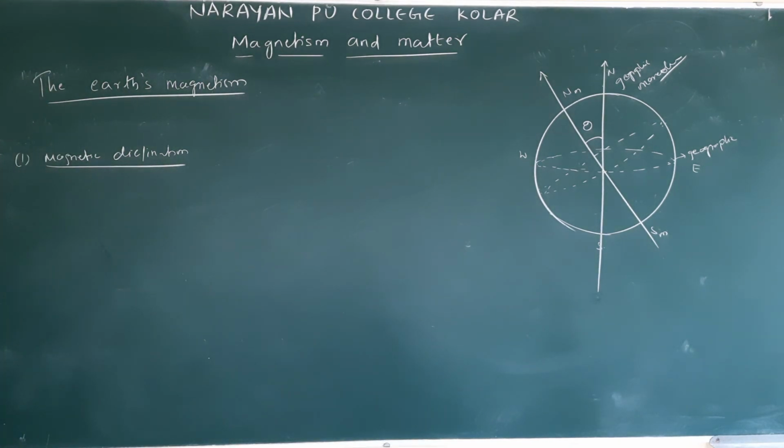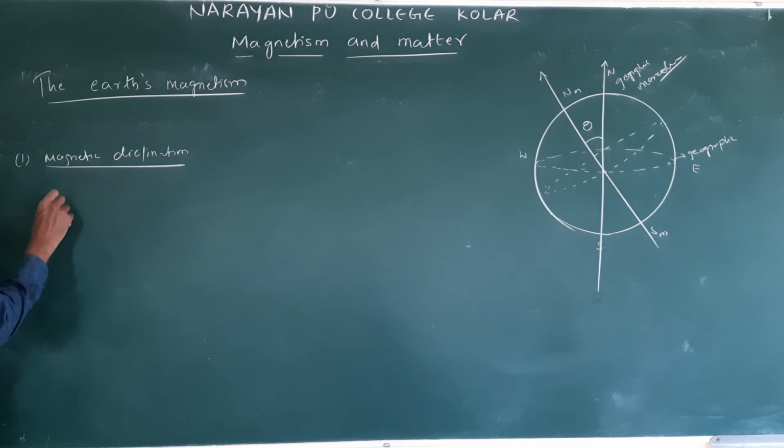The angle between the geographic meridian and the magnetic meridian is called what? Declination.